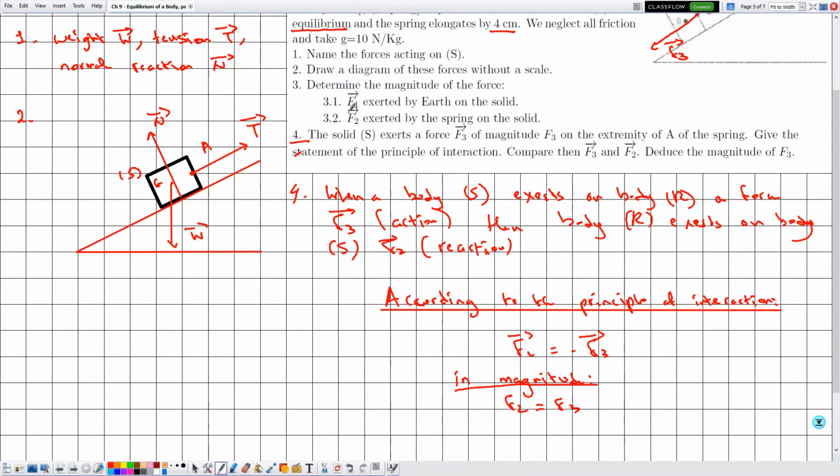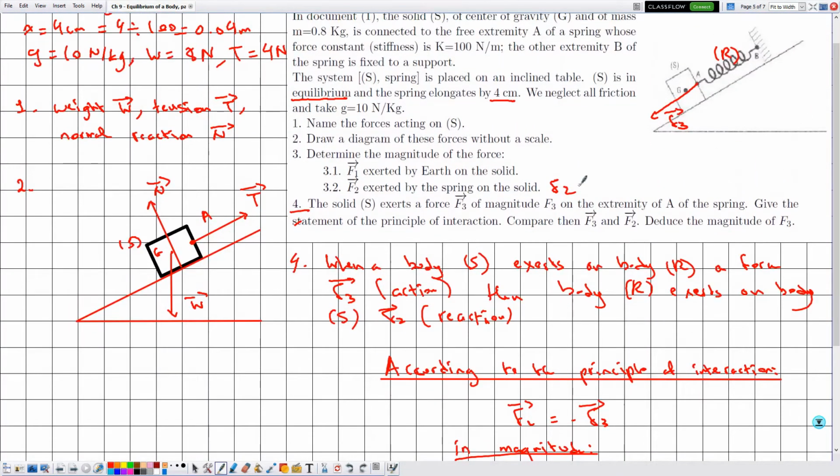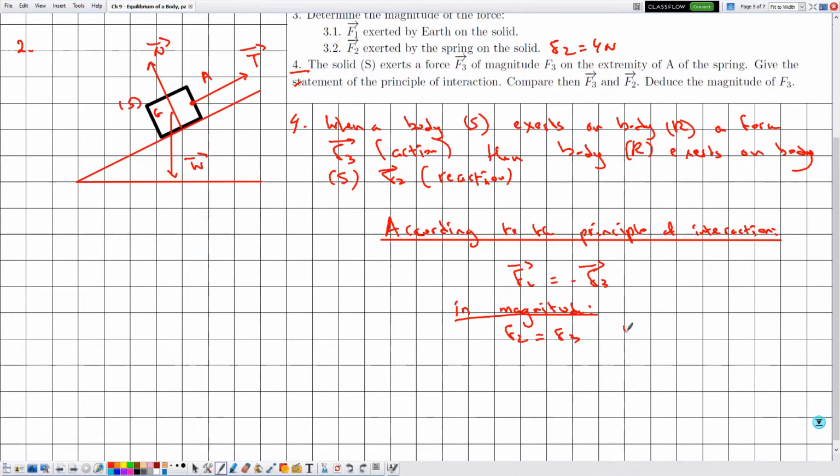Now recall that F2 is the force exerted by the spring on the solid, and the force F2, which is equal to the tension, is equal to 4 newtons. So, since the value of F2 is equal to 4 newtons, then the value of F3 is equal to 4 newtons as well.